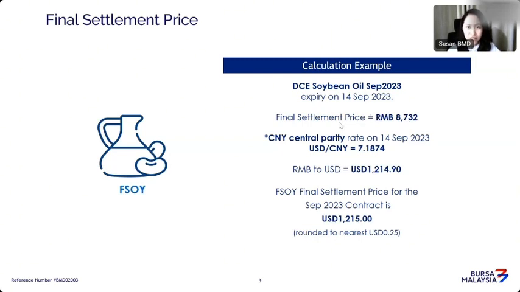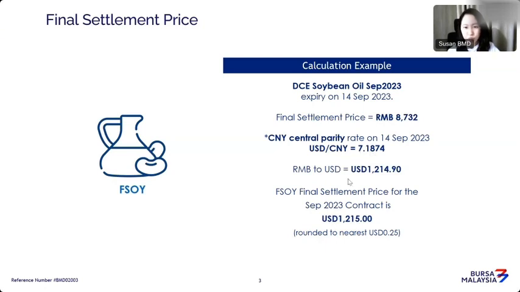So how to convert it to US dollar? We are using the CNY Central Parity Rate on the final settlement day of this DCE soybean futures, which the rate on that day is 7.1874.